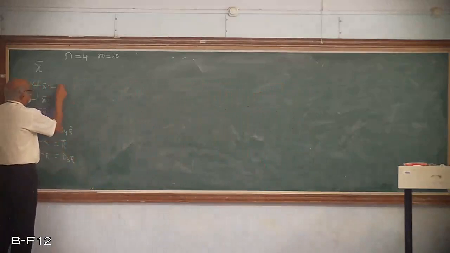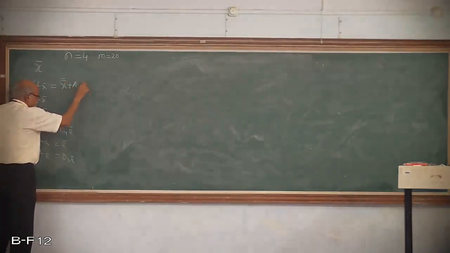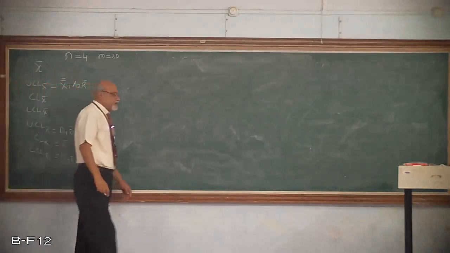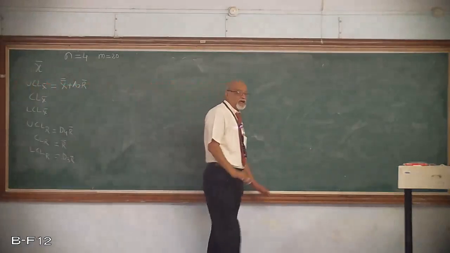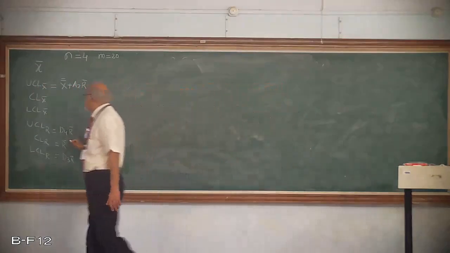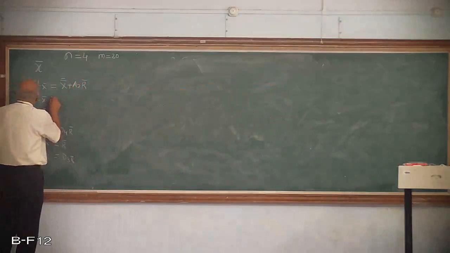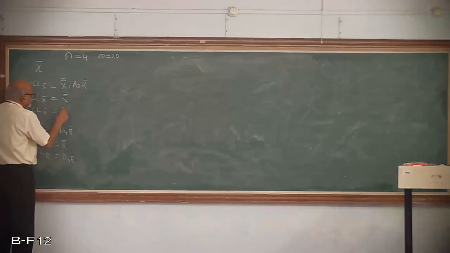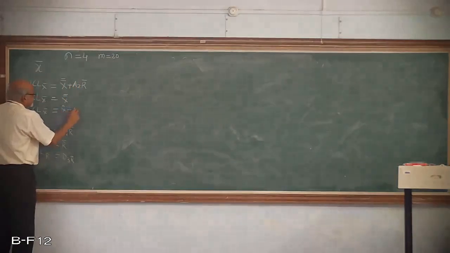So the upper control limit is X double bar plus E2 R bar, because sigma X bar is being estimated from R bar. It is as simple as that, because R bar we can already find. The central line for the X bar chart is X double bar. The lower control limit for X bar is X double bar minus E2 R bar.